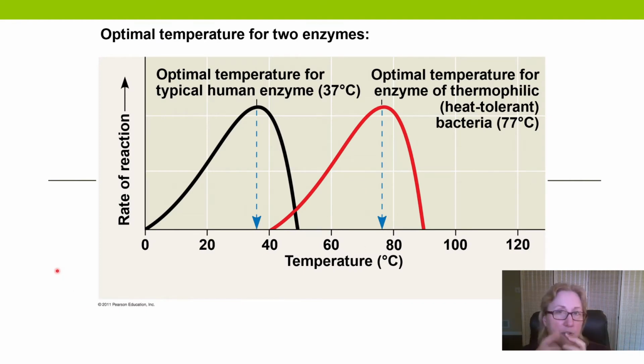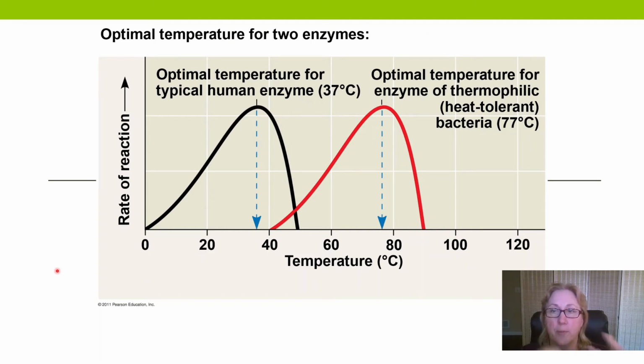Enzymes are folded proteins, so the shape of the protein has to be correct for it to work. So anything that's going to denature an enzyme is going to affect enzyme function.